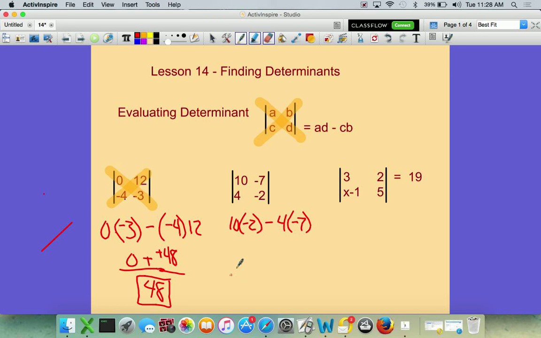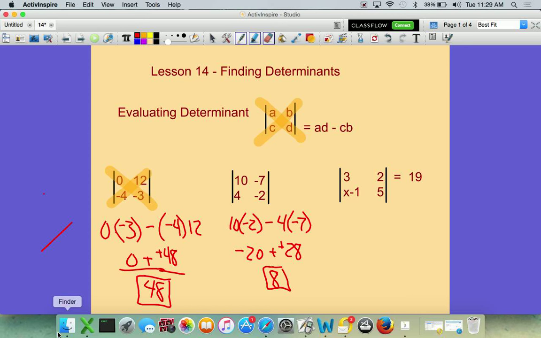And then we're just doing the math. 10 times negative 2 is negative 20, minus 4 times negative 7 is negative 28, minus and a minus make a plus, negative 20 plus 28 is 8. You can absolutely have negative numbers in here, it just so happens that these worked out to be positive. Just remember, these do not mean absolute value.